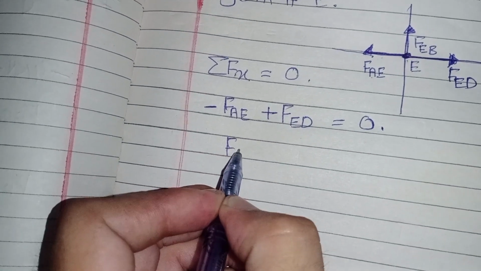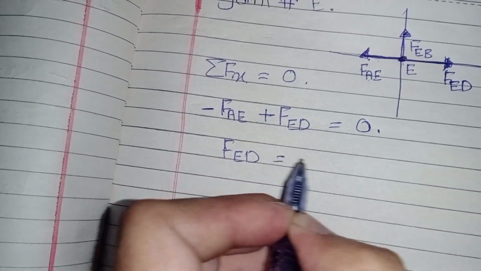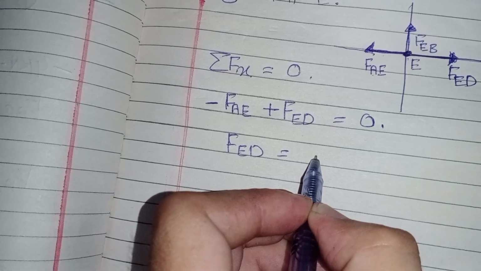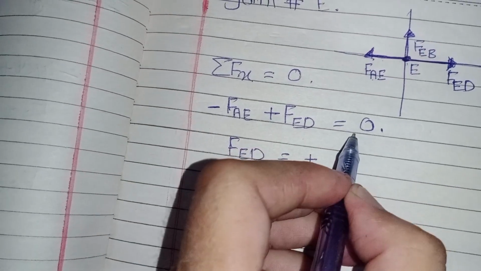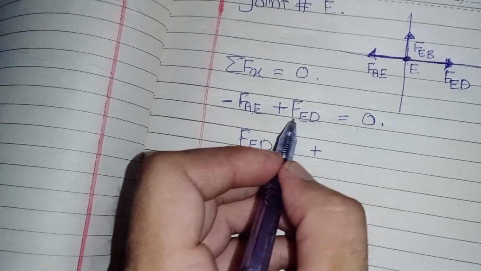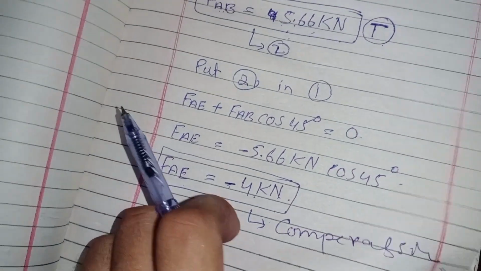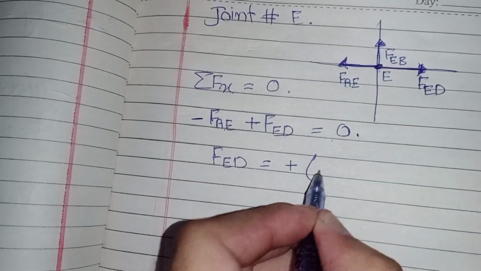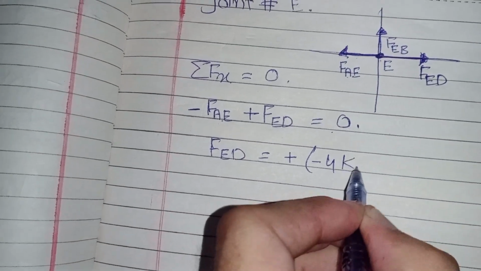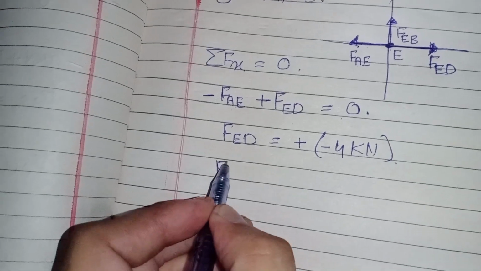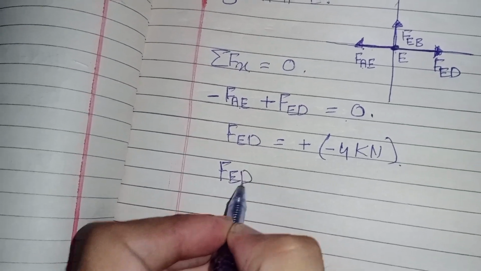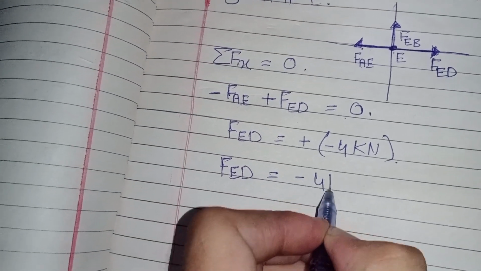F_ED will equal positive. I move AE here, and the answer of AE is negative 4 kilonewton. So F_ED equals negative 4 kilonewton.